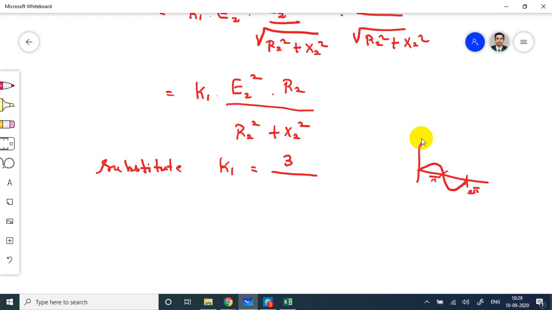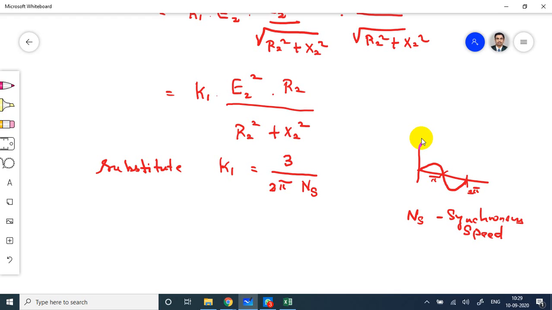One cycle is 360 degrees, so 2 pi into synchronous speed ns.